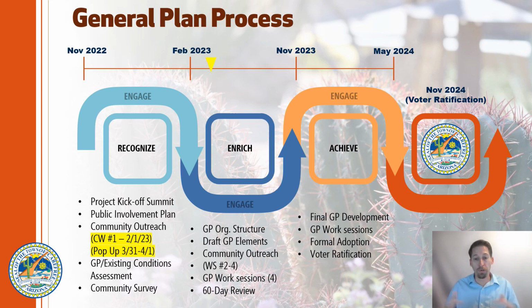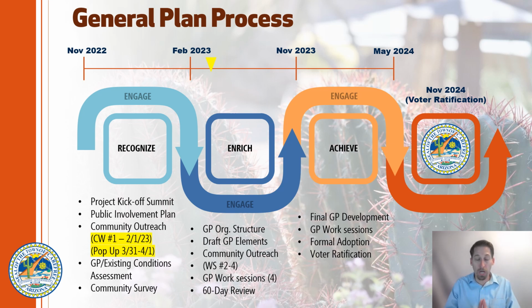I'm not going to go over it in great detail, but for those that have not viewed this, we basically break out the general plan process into 4 distinct phases. We have our recognize, enrich, and achieve phases, and then engagement is intertwined throughout the general plan process. You can see the various steps that are associated with each phase on the slide.